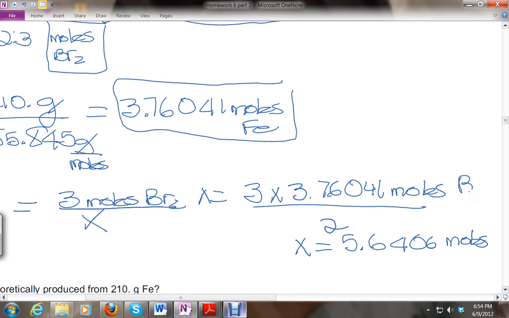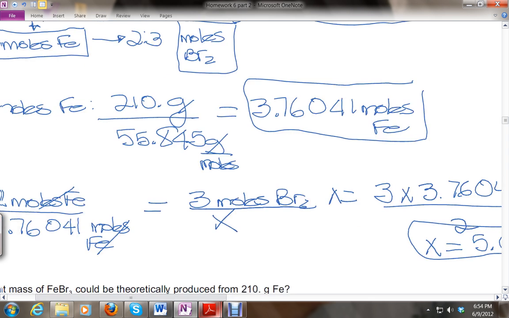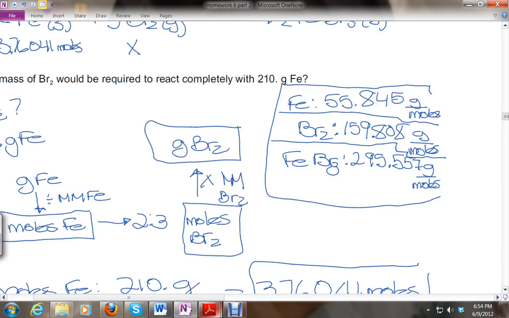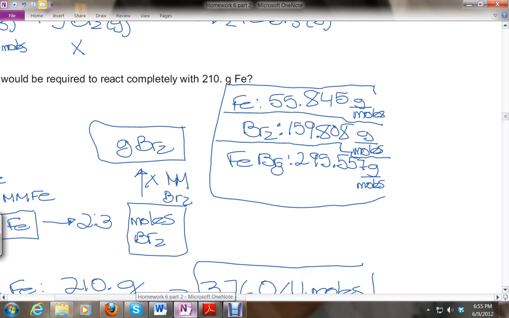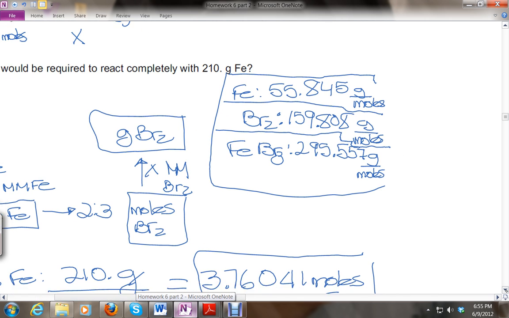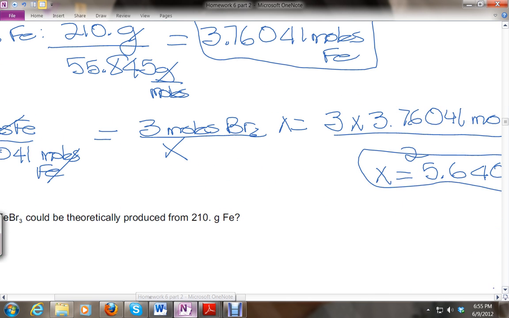By the way, I forgot to put Br2 here. So moles of Br2. Now we need to find out the mass. How do we find out the mass? If you're a little bit confused with that, go back to the flow chart I was talking about. We multiply by the molar mass of Br2, which is 159.808. I'm trying to get space here.